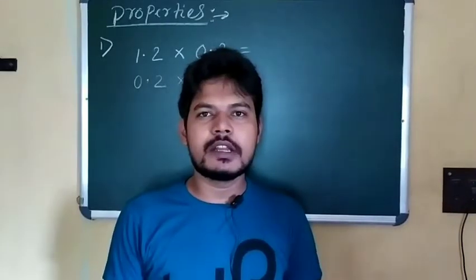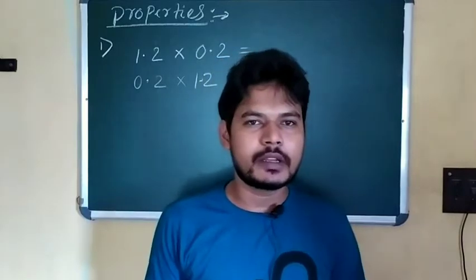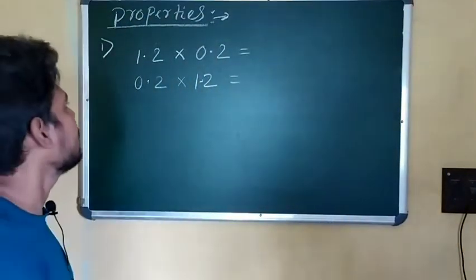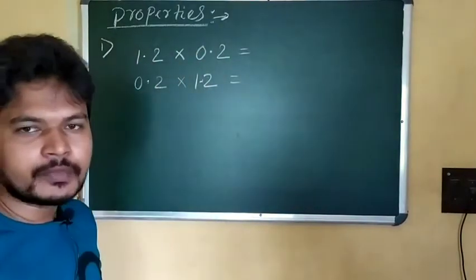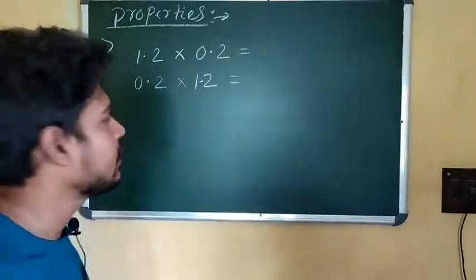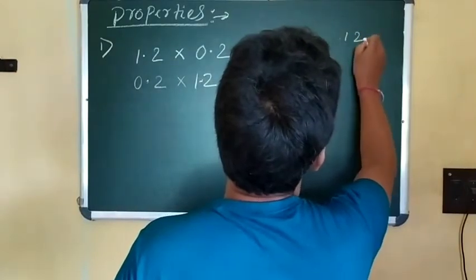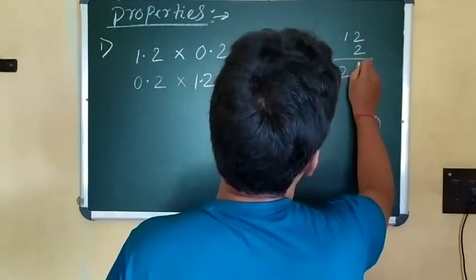Now students, let's see what are the properties of multiplication of the decimal number. So you can see I have already written the 2 decimal numbers 1.2 multiplied by 0.2. So at first we have to find out what is the product of this. At first you just ignore the decimal point, multiply this 12 by 2, we get 24.